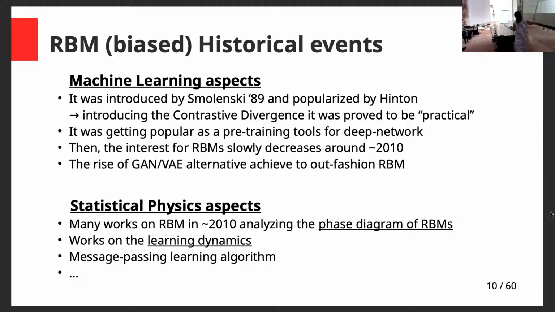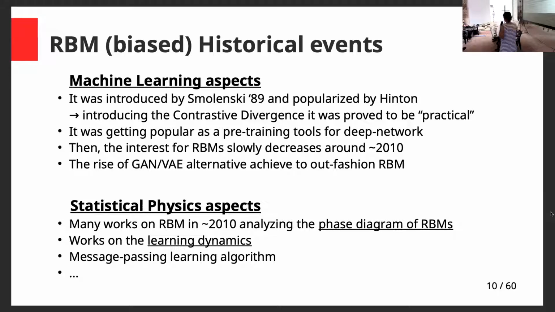More or less 15 years ago, they started falling into disuse because there are other generative models that perform better. In parallel, from the statistical point of view, it's the moment in which we start to have quite a lot of understanding of these models. Now we have phase diagrams for RBMs. We understand quite a lot about the learning dynamics, how the patterns are encoded in the machine.